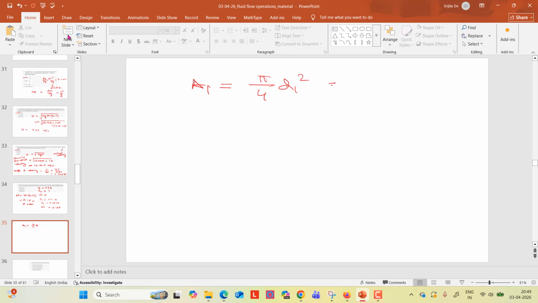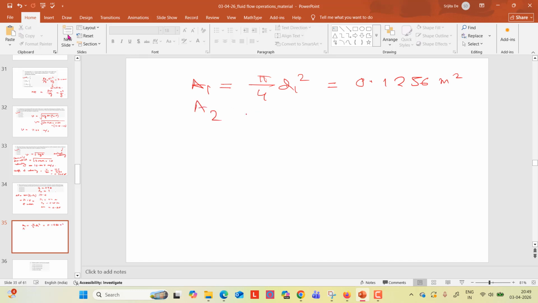D1 is given as 0.4, capital D1 and small d1 doesn't matter, so it is 0.1256 meter square.